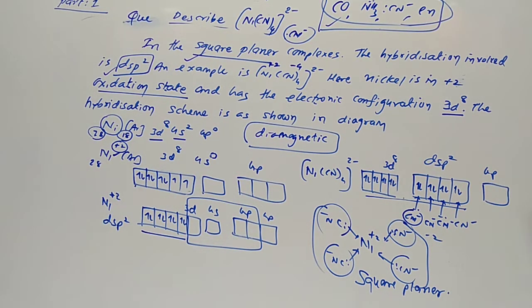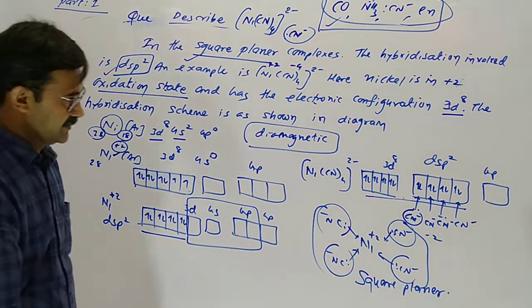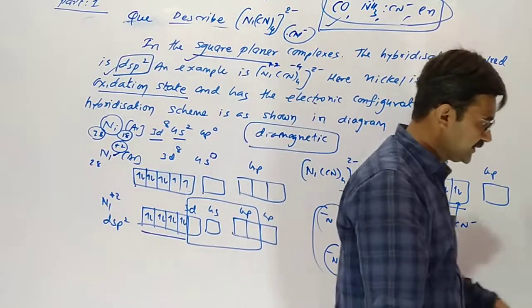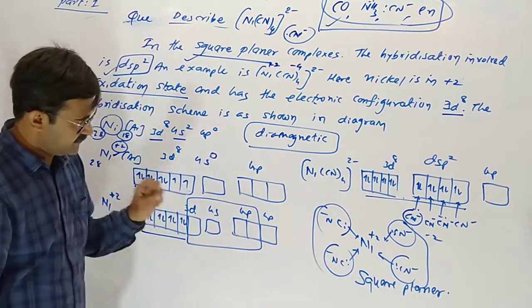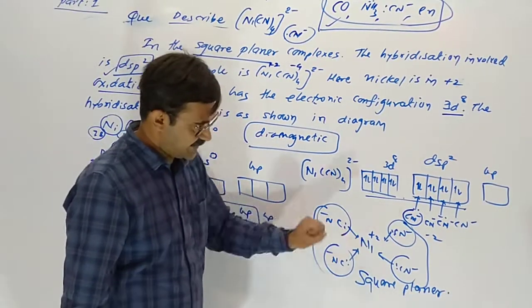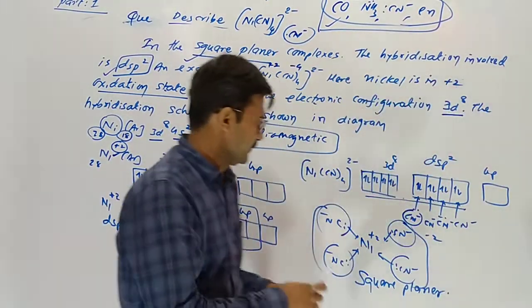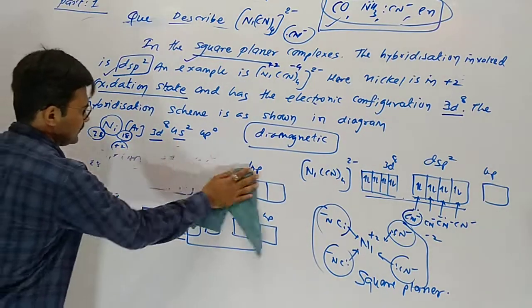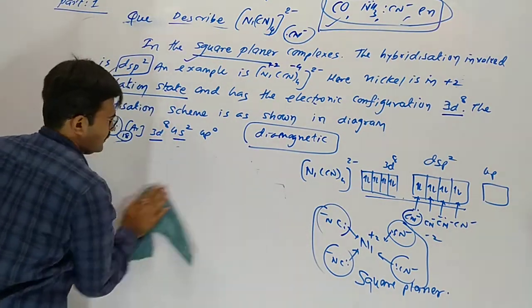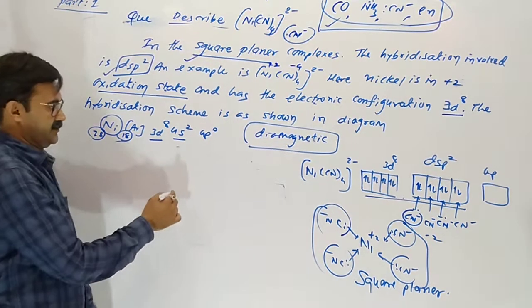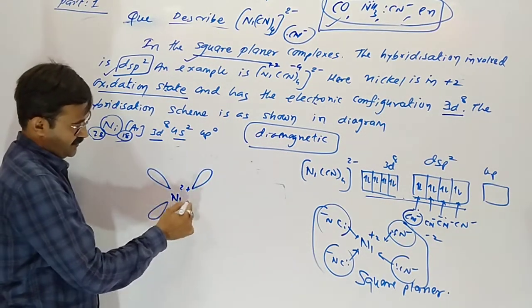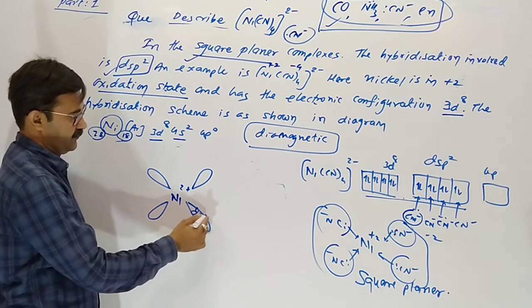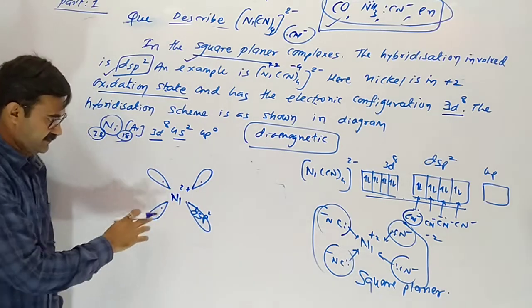Yes, understood. Now an important thing: each of the hybridized dsp2 orbitals gains an electron pair from the cyanide ligand. Here Ni2+ possesses four vacant dsp2 orbitals. All four are called dsp2.